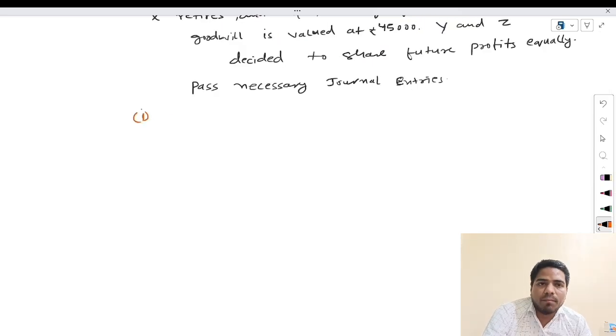First of all, we have to make an adjustment entry for book goodwill. And what entry will we pass for book goodwill? All partners' capital accounts debit to goodwill account.